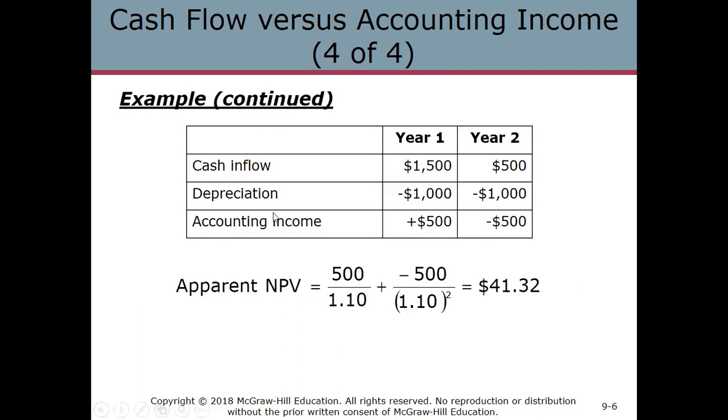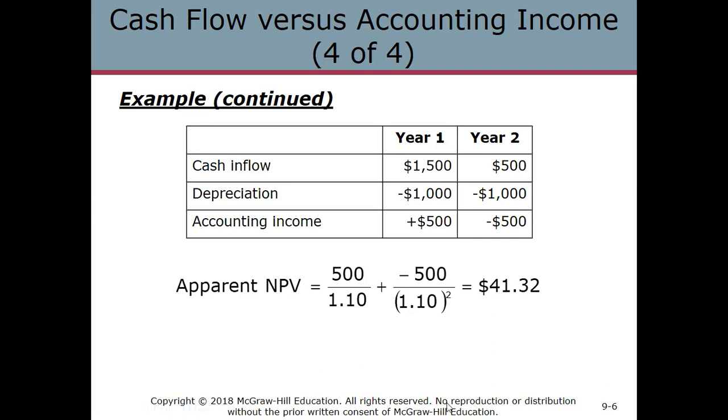If ever we are going to use accounting income, we can notice here the importance of what I said a while ago. We said that at the given of the problem, we are basically given the cash inflows. So we have $1,500 and $500 respectively. These are already the cash inflows. So again, the normal flow is from the accounting income, accrual basis of accounting, going back or squeezing our cash flows.